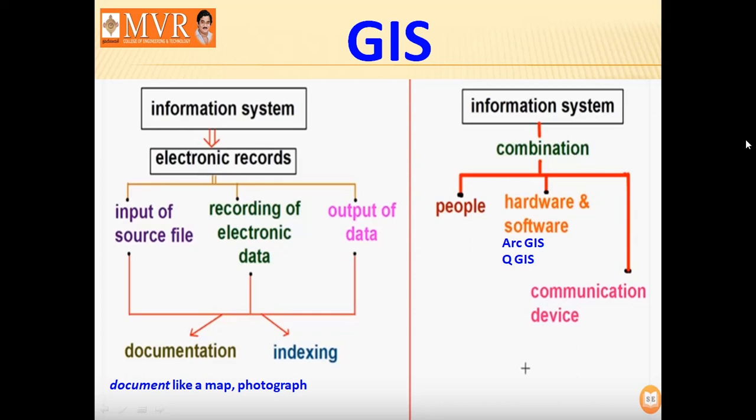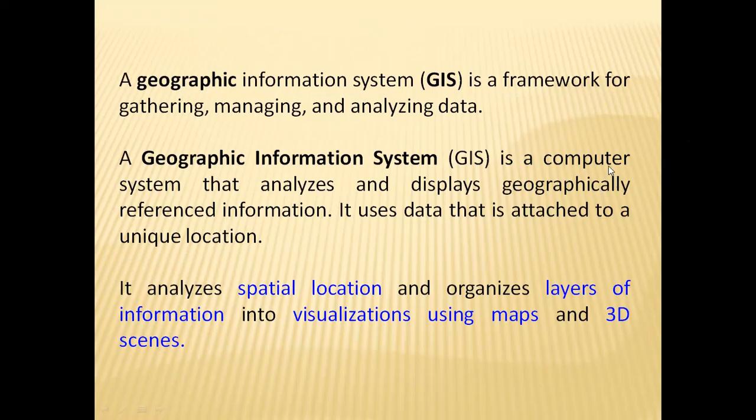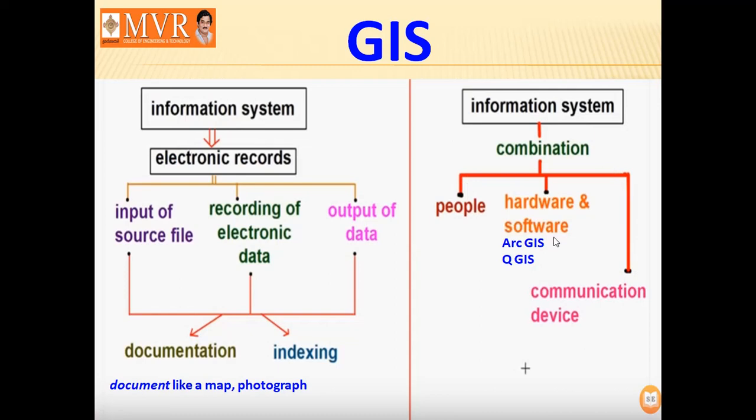So this is the entire GIS. Here software is used for running GIS operations. Examples of commercial GIS software packages are ArcMap and others. QGIS is the open source.